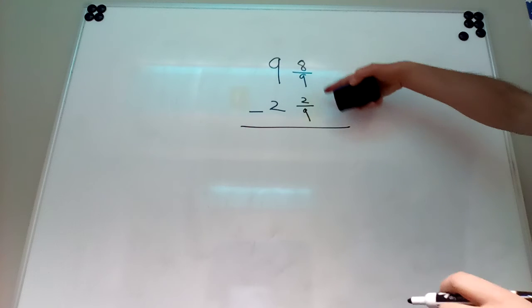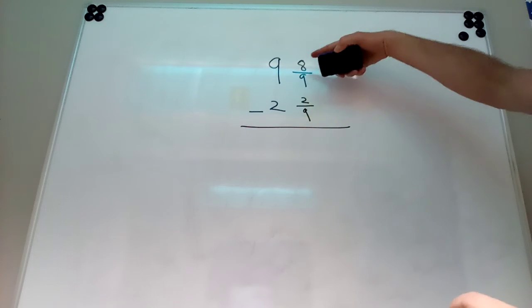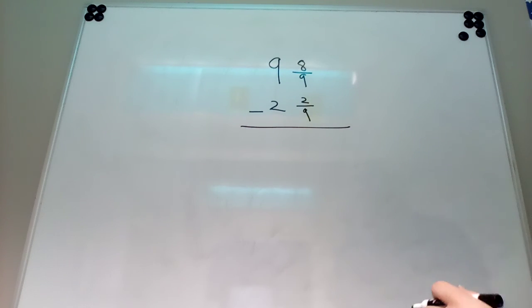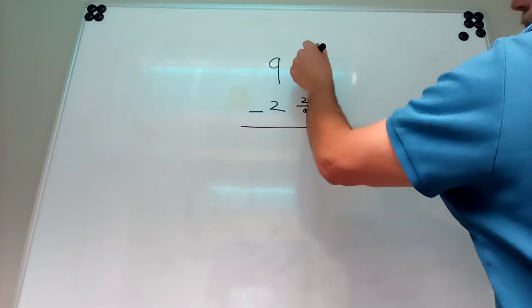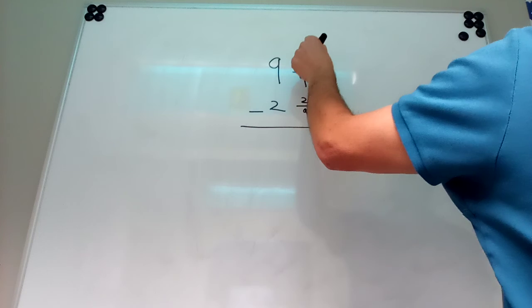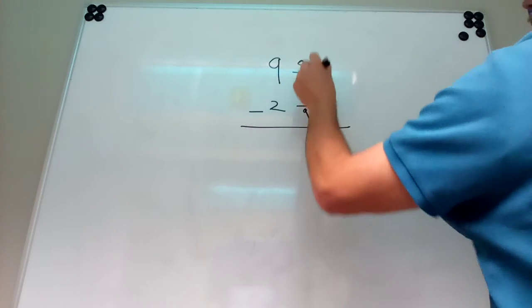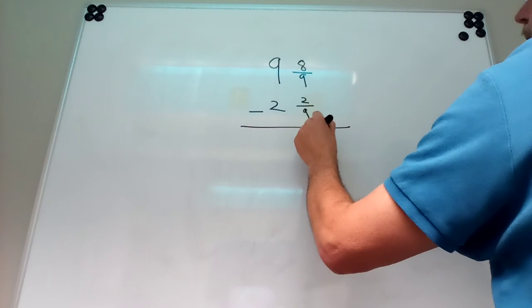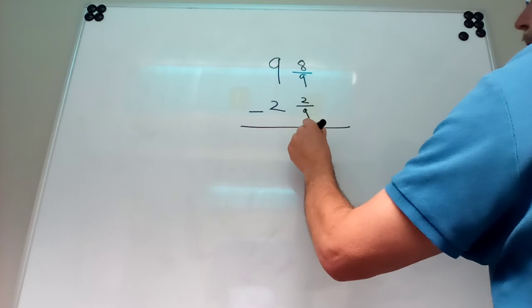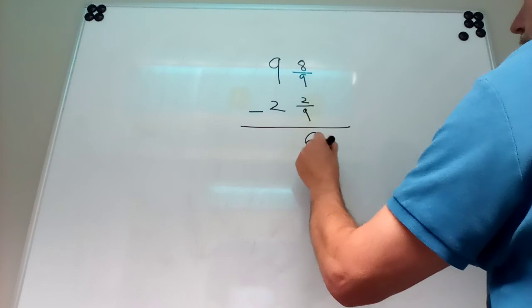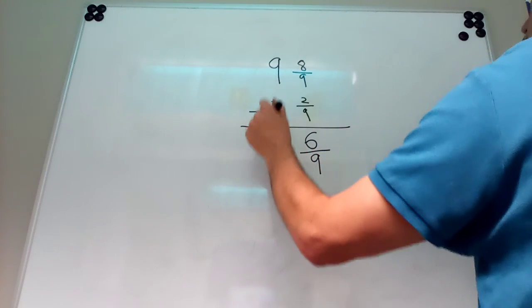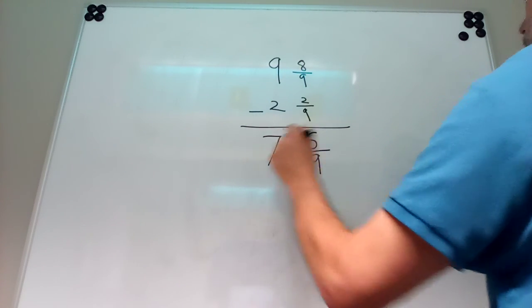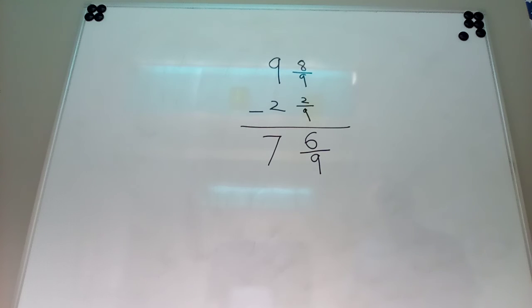As long as we have a common denominator, we can subtract the top number. So we got a common denominator, so our numerator, if you want to be exact about it, the top number is 8 and 2. We're going to minus that. 8 subtract 2 is 6. And then our 9 we'll just bring down, 6/9. And then 9 subtract 2 for our whole number is 7. So our answer will be 7 and 6/9.